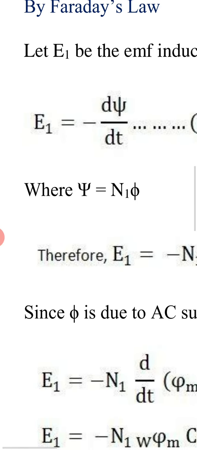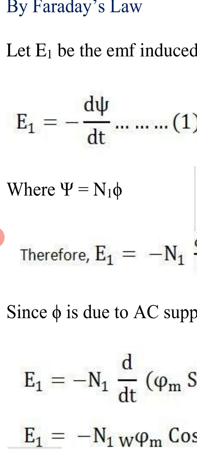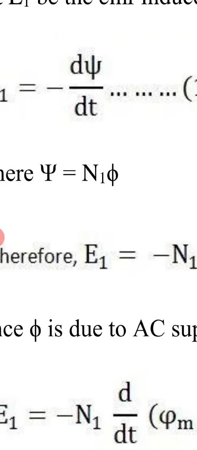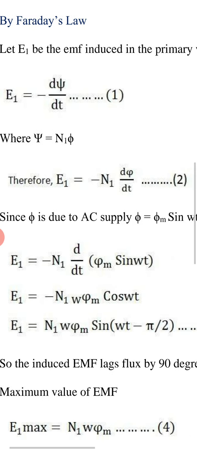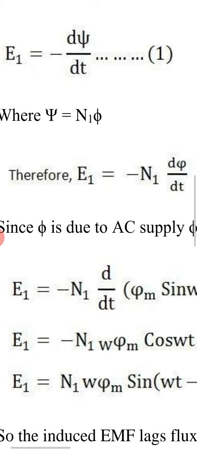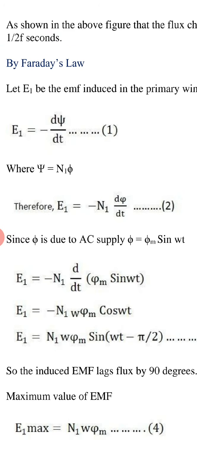This psi is equal to N1 phi. This psi is the flux linkage in that particular winding, in this case the primary winding. So the flux linkage for the primary winding will be N1 phi, where N1 is the number of turns in the primary and phi is the flux which is linking. So we can write E1 is equal to minus N1 d phi by dt. Putting the value of flux linkage in equation 1, we get equation number 2.